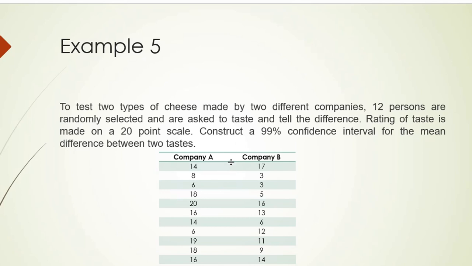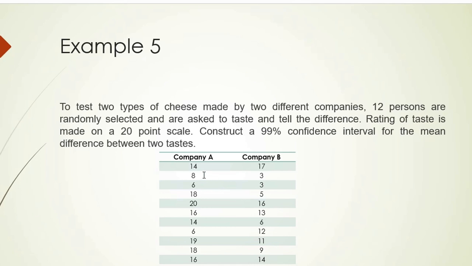For company A, for example, what do 14 and 17 mean? It means there are two companies making cheese, and one person is asked to taste both and tell the difference. So the person gives a rating of 14 to company A and 17 to the cheese of company B. The second person gives a rating of 8 to company A and 3 to company B. That's what we mean by dependent samples.